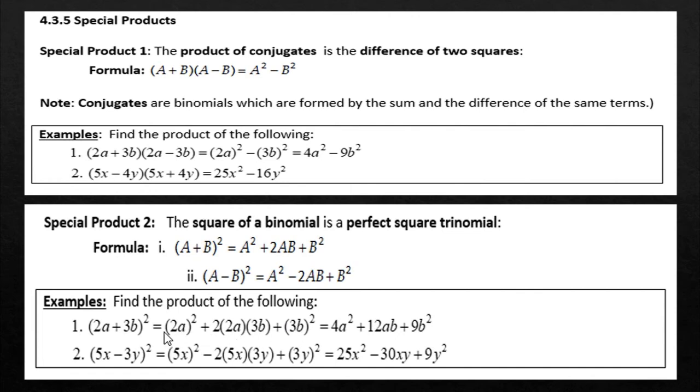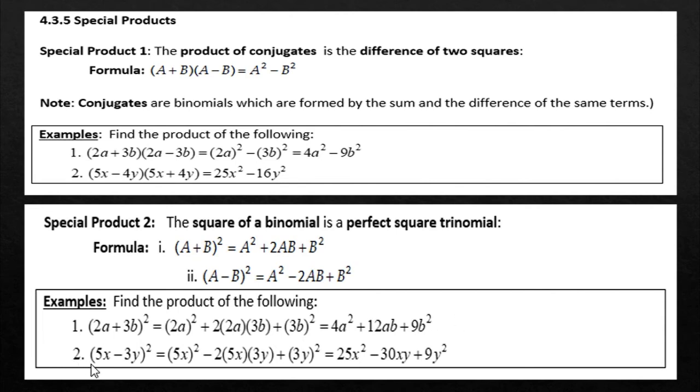So, I simplify further. 2 squared is 4a squared. 2 times 2 times 3 is 12, tapos ab, kana. Then, 3 squared is 9b squared. So, this is the answer. This is a perfect square trinomial: 4a squared plus 12ab plus 9b squared.